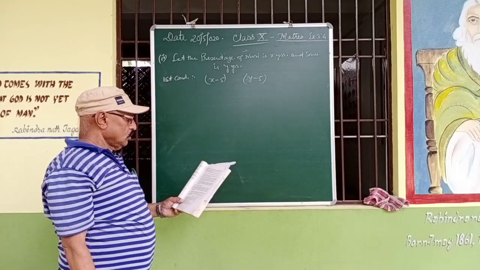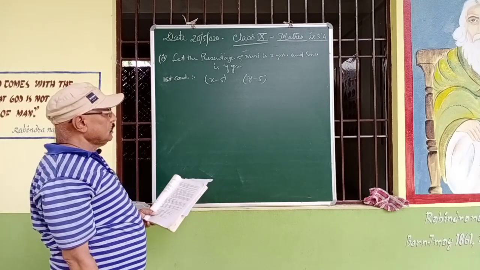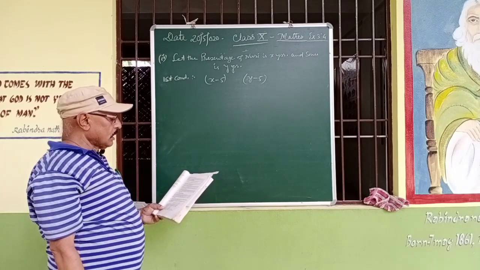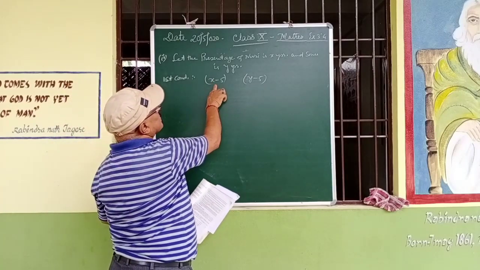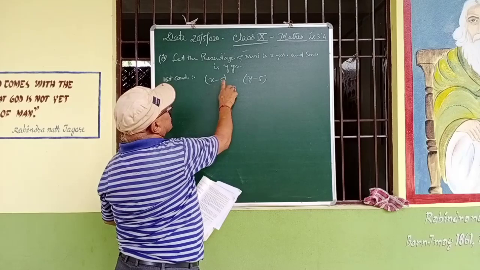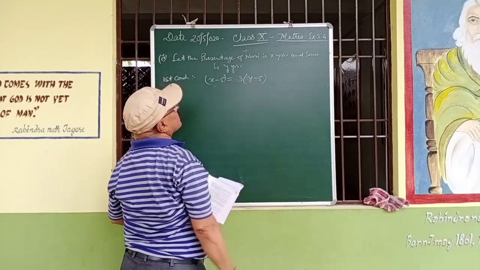So Nuzi was thrice as old as Sonu. Nuzi is 3 times older than Sonu. So this is Nuzi's age, this age is 3 times more than this age. If we make it equal, then we multiply here by 3.